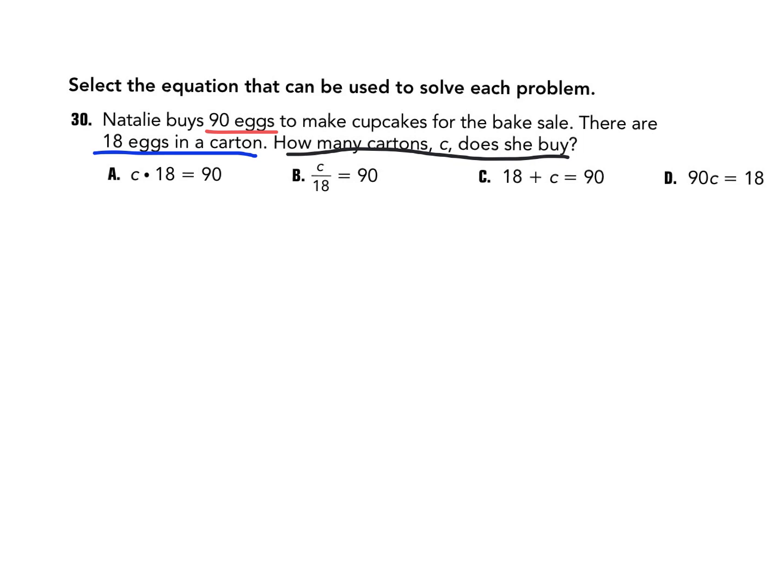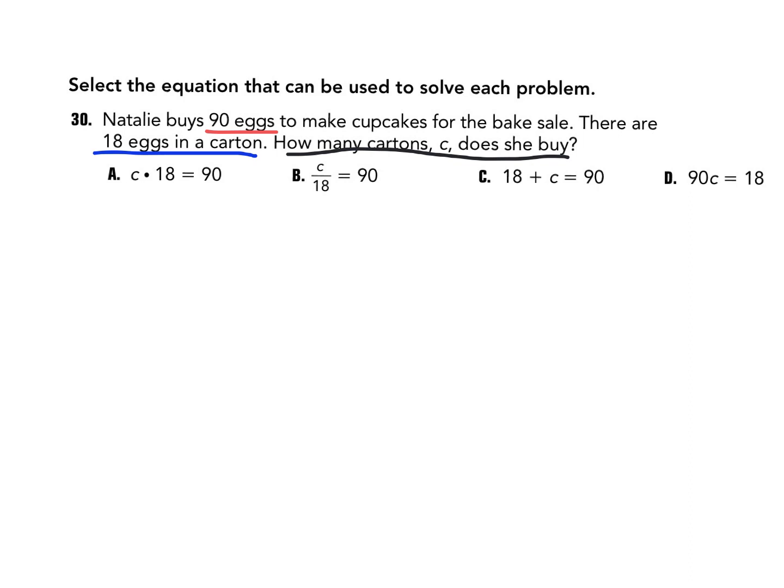One thing, even though it doesn't specifically say we have to solve this problem, if you want to help make sure that you've selected the right choice, you could work it out just to make sure that it makes sense. Like if we think about this, if we bought 90 eggs and there's 18 eggs in each carton, it should be that our answer is that she bought less than 90 cartons.